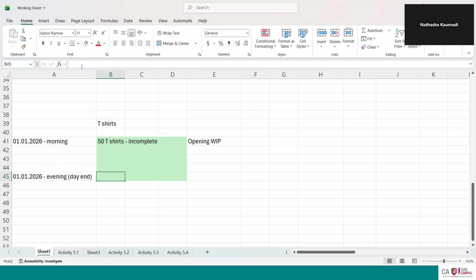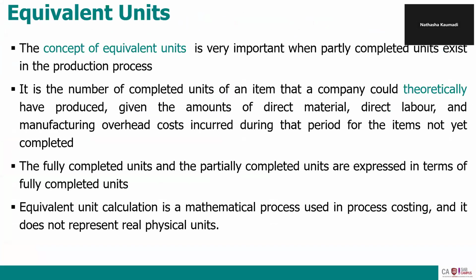At the end of the day, you have 20 t-shirts. Again, what? Incompleted. You couldn't complete this. What are those? Opening or closing WIP? Closing WIP. So those are the opening and closing WIP. So I hope you have an understanding about the WIPs now.